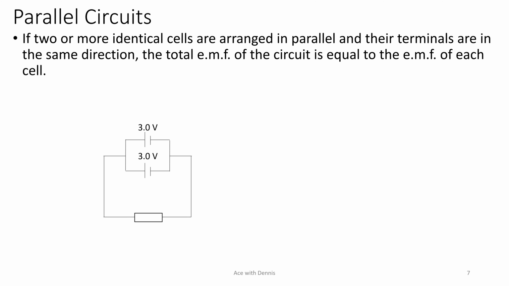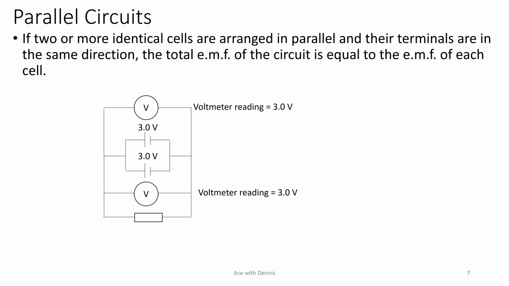If both cells have an EMF of 3.0 volts, and we connect a voltmeter in parallel to this cell, the voltmeter reading will give us 3.0 volts. Similarly, if we connect a voltmeter in parallel to the load or the resistor, the voltmeter reading will give us 3.0 volts as well.